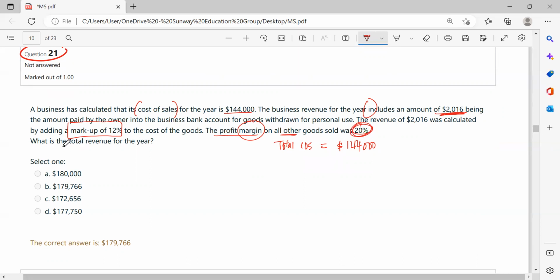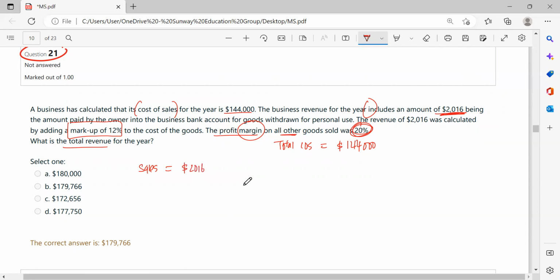So now it's asking you, what is the total revenue for the year, the total sales? Of course, I already know part of my sales is 2016. This is the one that I sell to the owner.